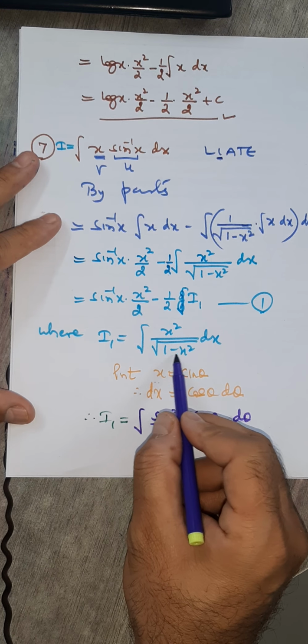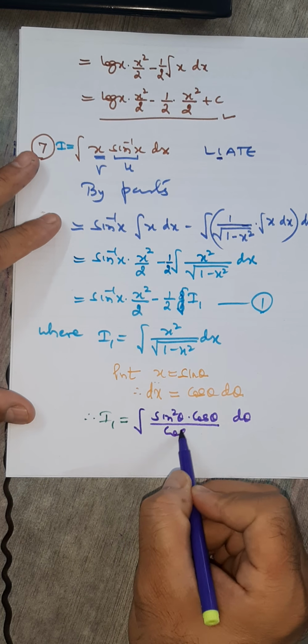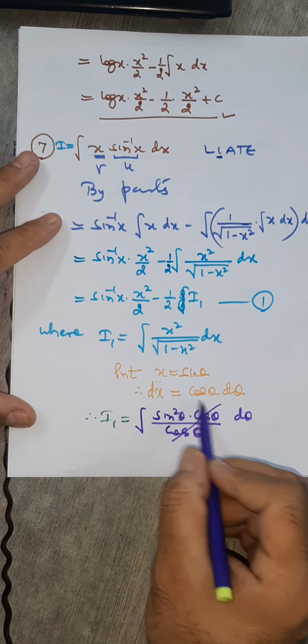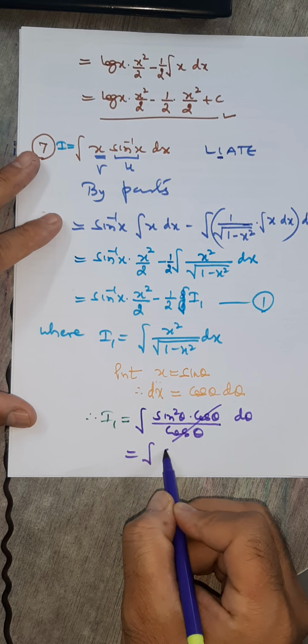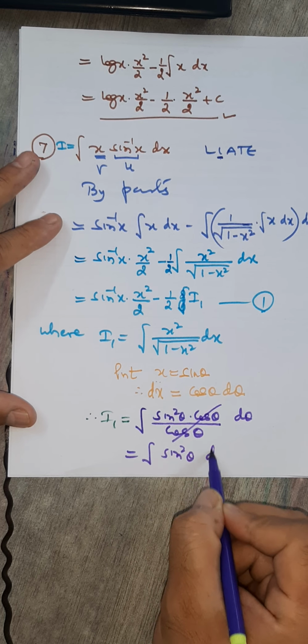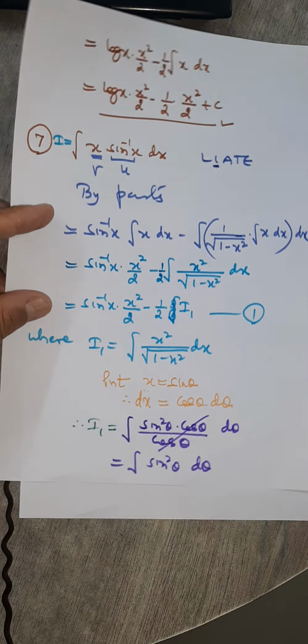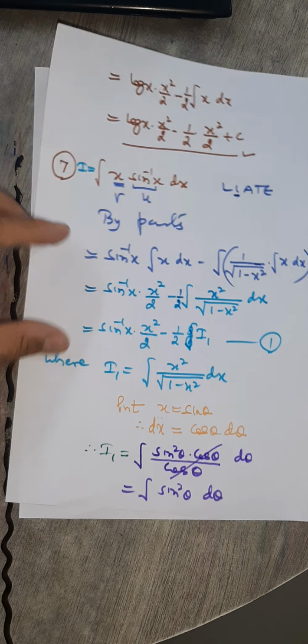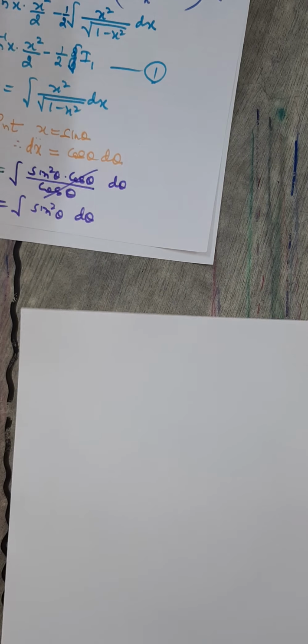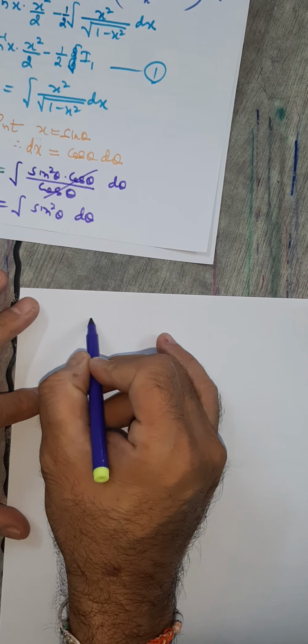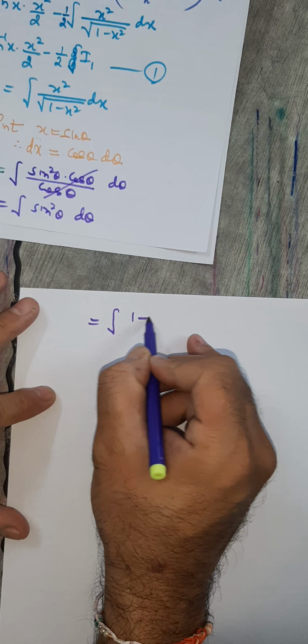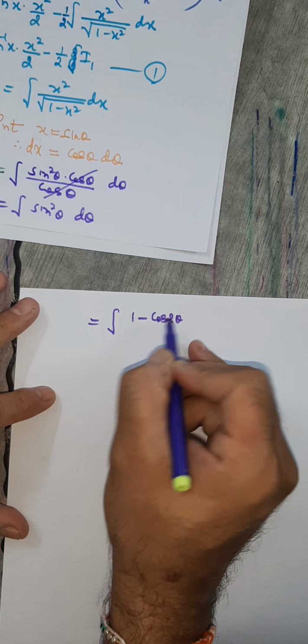Here 1 minus sine squared is cos squared, so the root is just cos theta. So finally we are left with the integral of sine squared theta d theta with respect to theta. And you know how to integrate sine squared. Points to remember: how to integrate sine squared? Double angle formula. So I'm using this. What is sine square? 1 minus cos 2 theta by 2.